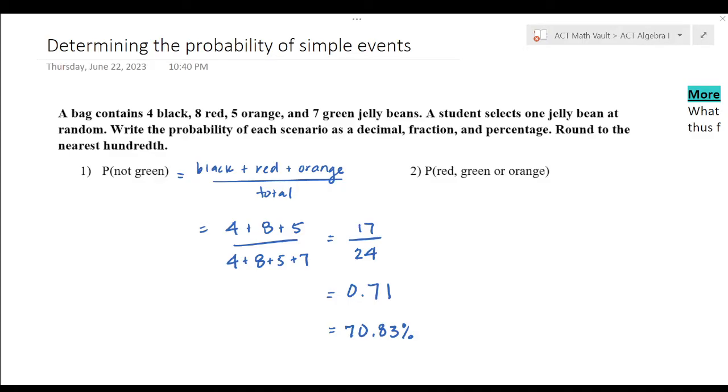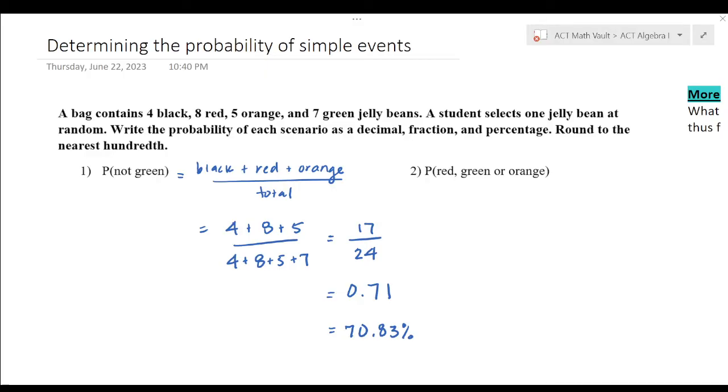All right, so number 2, let's try it. Red, green, or orange. So "or" is typically code for plus, for adding with probability, because we want to know all of those options together.